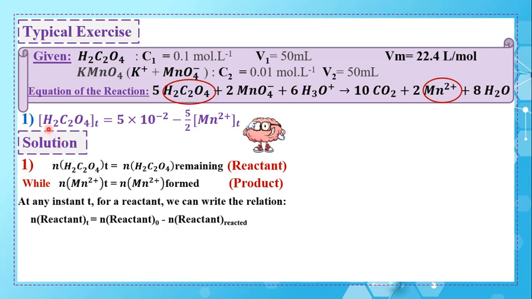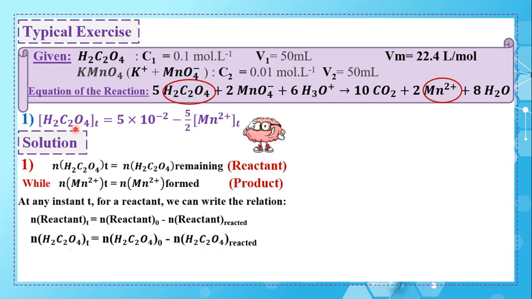So for H2C2O4, I can start like this. The number of mole of H2C2O4 left at instant t is equal to the initial number of mole of H2C2O4 minus the number of mole that has reacted.